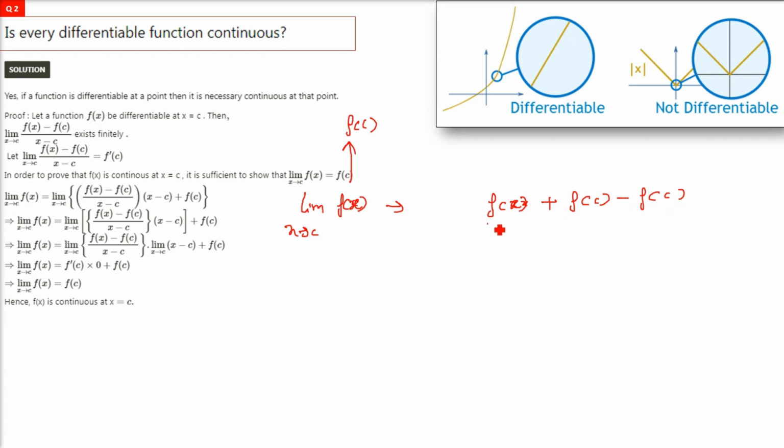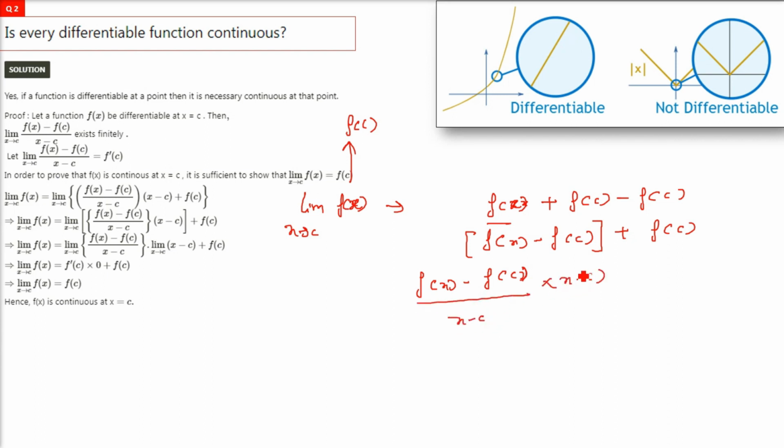You can just cancel this f(c). So this f(x) can be written as: this negative f(c) I am bringing in front, and a positive f(c) I am taking later. So f(x) minus f(c). You can multiply the numerator and denominator by any number. Why not multiply by x minus c? So x minus c in the denominator, x minus c in the numerator, it will be cancelled out, and you have f(c) already there, right?